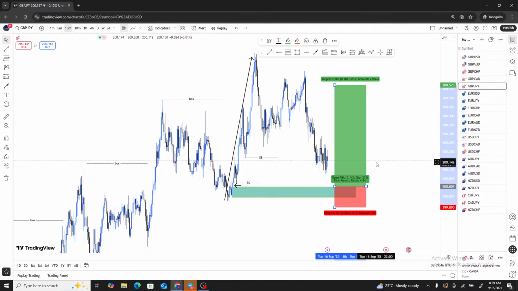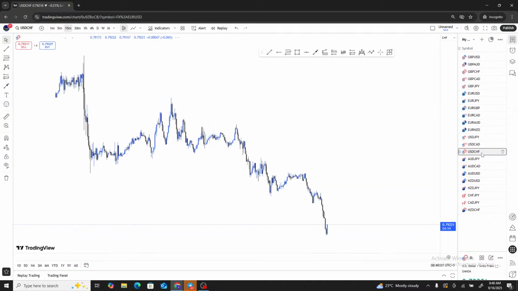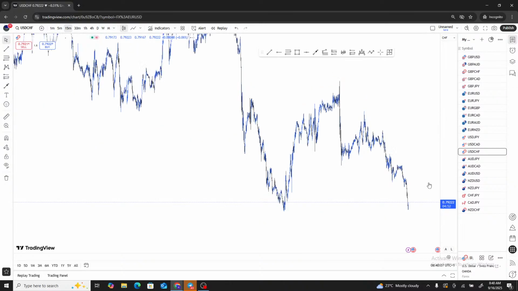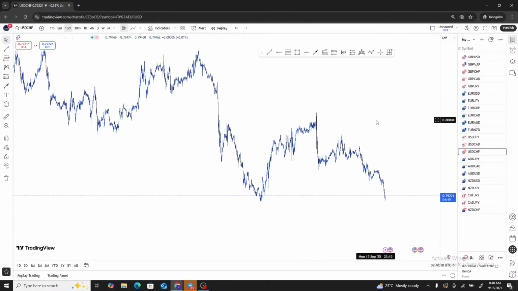Is there any other pair you want me to analyze? I can analyze it. Let's check maybe USD CHF. Wow. The USD CHF is one of the USD pairs, pegged to the dollar.